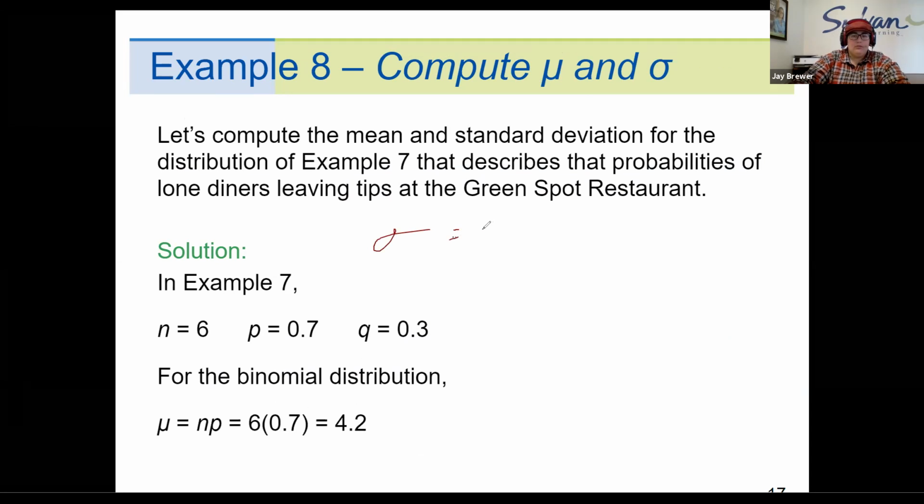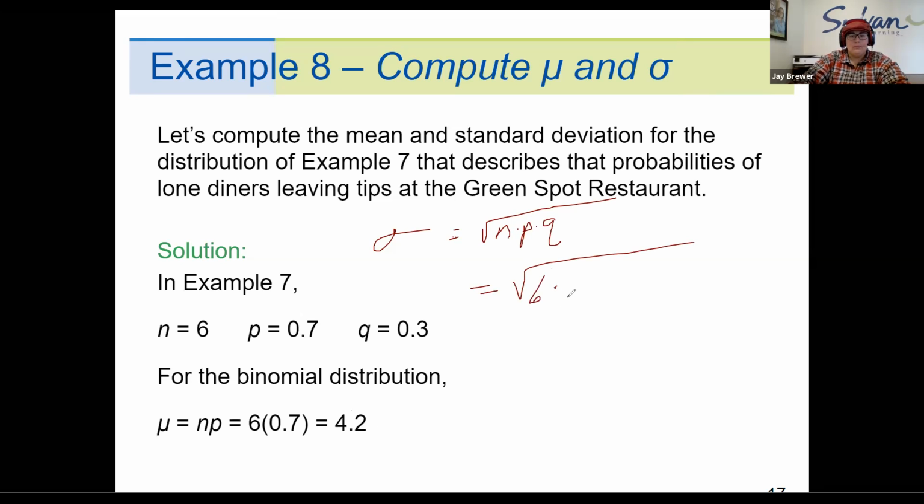Let's go ahead and figure out what our sigma would be. We would take the square root of n times p times q, which would be, you can either notice that you'll have 4.2 again, or you could write them all out: 6 times 0.7 times 0.3.